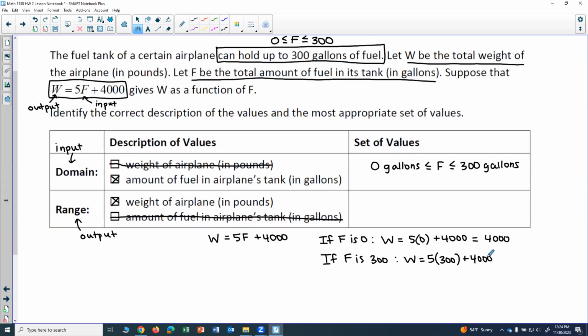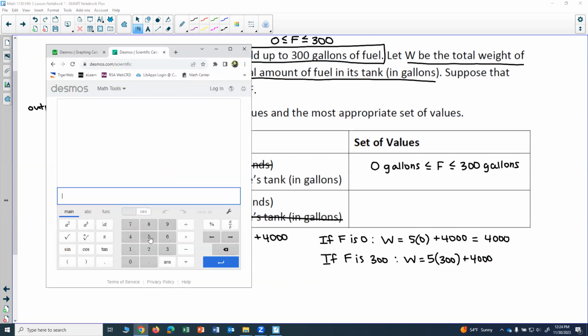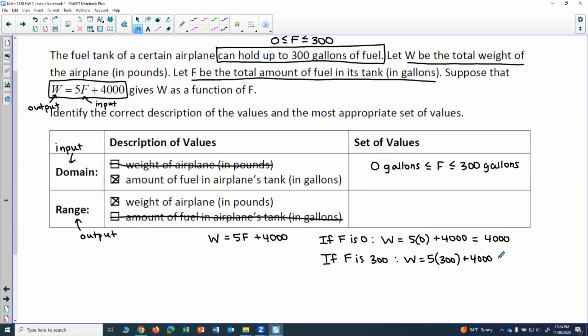So that will give me 1,500 plus 4,000. If you need to put that in the calculator, you can just go over to Desmos, do 5 times 300 plus 4,000, and you get 5,500. So my maximum weight of the plane, just based on fuel, would be 5,500 pounds.